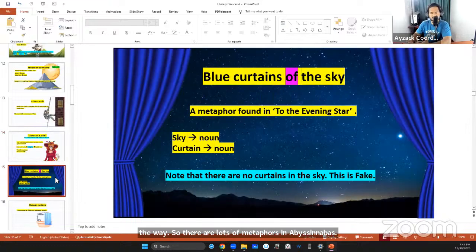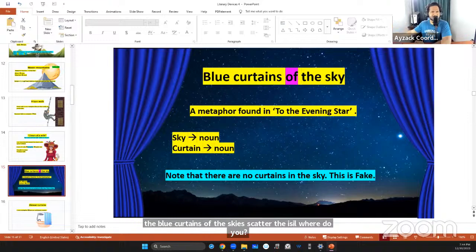Another example for a metaphor, blue curtains of the sky. Where have we seen the metaphor blue curtains of the sky? We found it in To the Evening Star, right? While thou drawest the blue curtains of the sky, scatter thy silver dew on every flower that shuts its sweet eyes in timely sleep.